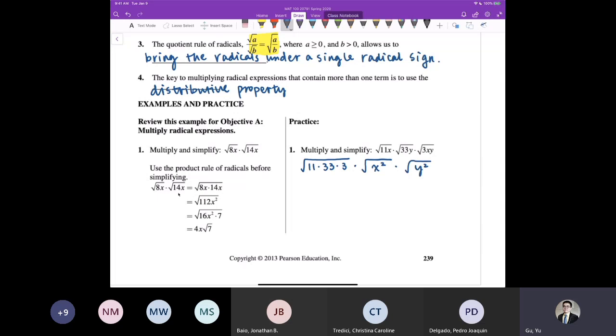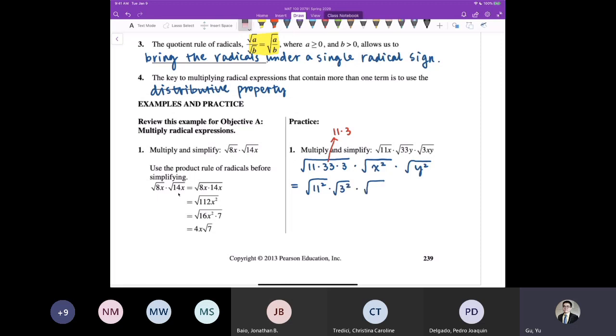For the first numerical part, I will break 33 into 11 times 3. If you break down 33 into 11 times 3, the first part can be even nice looking. You have 11 squared, and then let's put them in separate radical signs, and 3 squared.